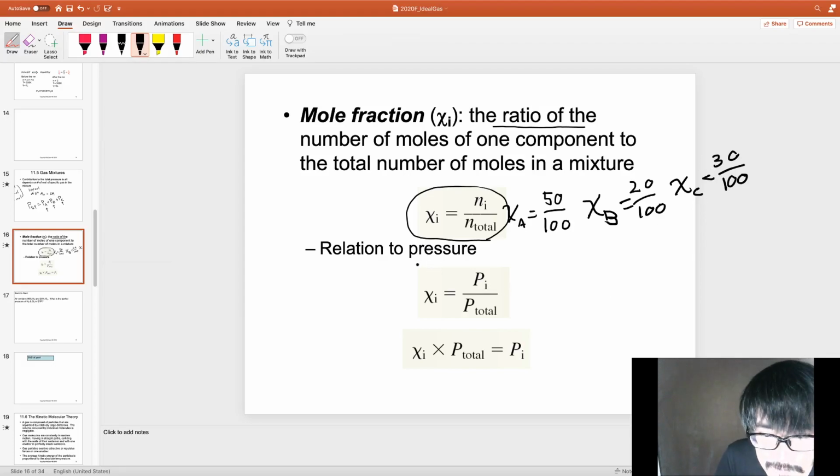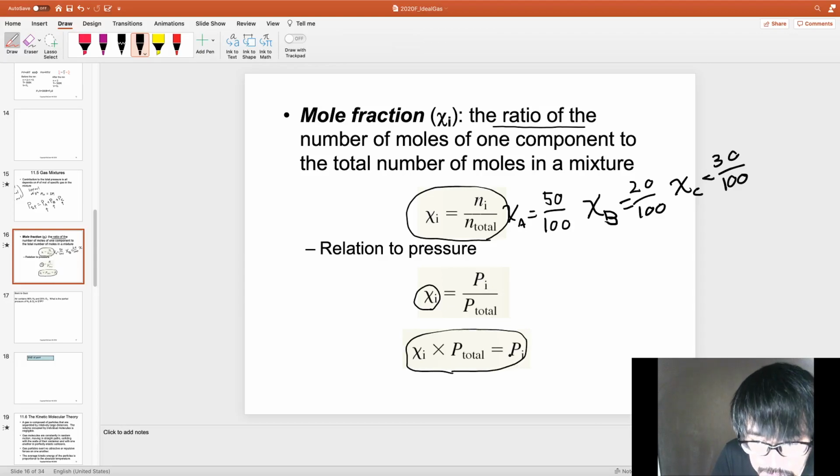All right. Then the partial pressure is the mole fraction multiplied by the total pressure. The partial pressure is equal to the mole fraction times the total pressure.